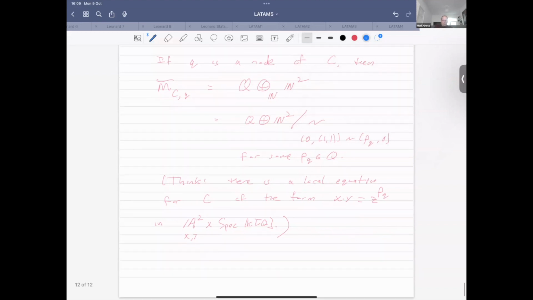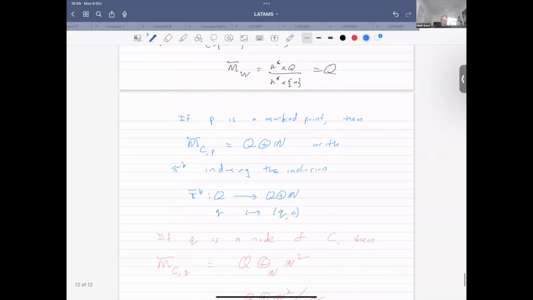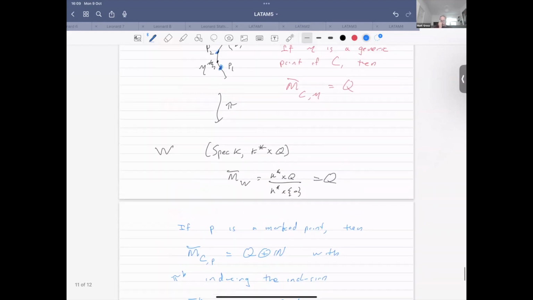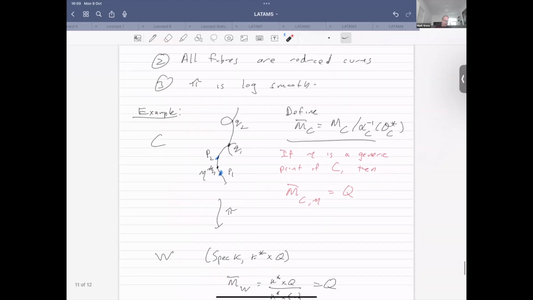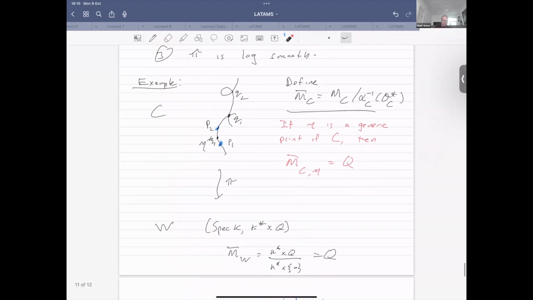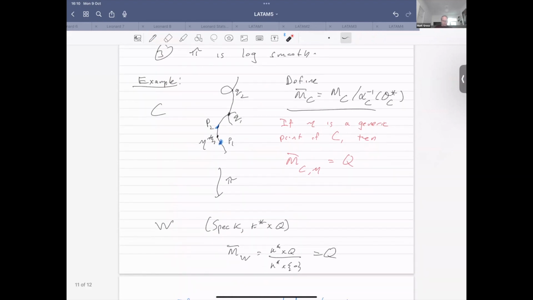Okay, so as I said, this is the kind of curve that we want to think about. Here in this example, this is just a curve over a point. So you should think of this as a nodal curve that has some more information, which is largely combinatorial in nature. In particular, these curves have three sorts of points.